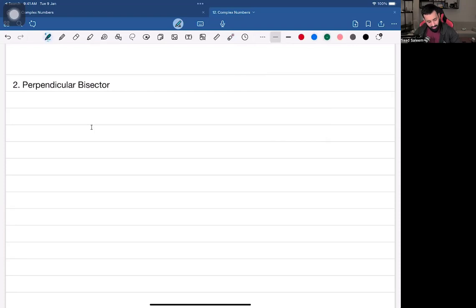Now, what does it look like? Let's see. Let's say you have |z - z1| = |z - z2|. Here, what do we have? We have z, which is a variable complex number.